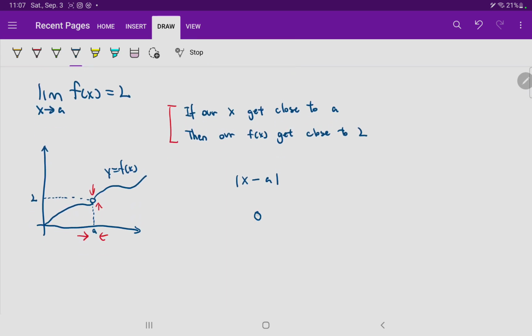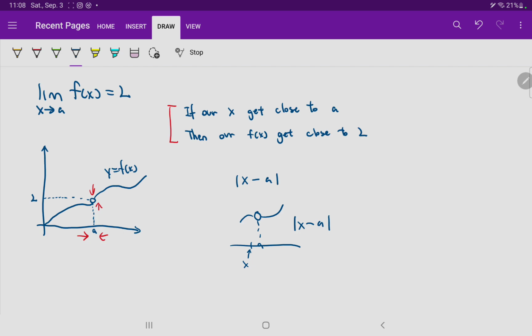For example, if we zoom in on what we have on the left, and this is a, and we have our x here. If we take the absolute value of x minus a, well, if x is smaller than a, it might be negative. That's why we have the absolute value. If you take the absolute value of that expression, it gives you the distance between x and a.